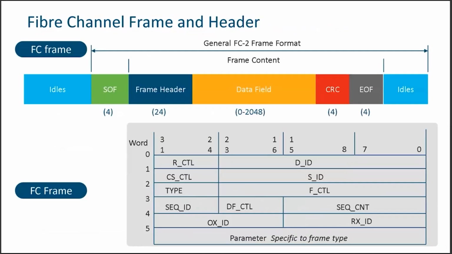All right, and this is our Fibre Channel header. Again, it should not be any surprise to anyone. The whole frame length is around 2K bytes, and then you have different fields here. Look at the SID, which is the source FCID of the frame, and the DID, which is the destination FCID.